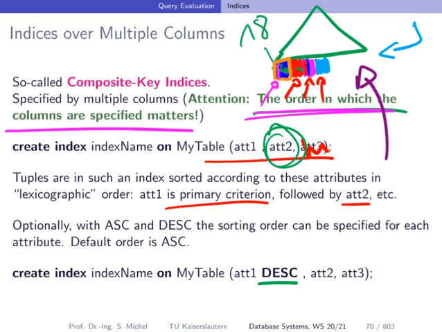You want to find everyone with name Smith from this index. How do you do that? Where are the Smiths located in this index? Again, the index is defined by age, comma, name, right? And the ordering matters.